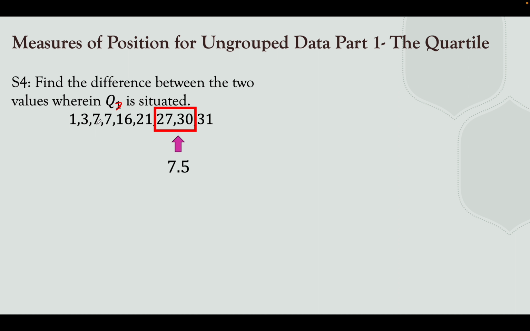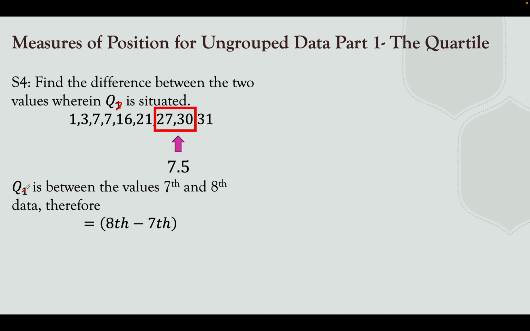So 1, 2, 3, 4, 5, 6, 7. 7.5 is here, in between the 7th and 8th data. So Q sub 3 is between the 7th and 8th data. Therefore, we subtract the 8th data minus the 7th data. So we have 30 minus 27.